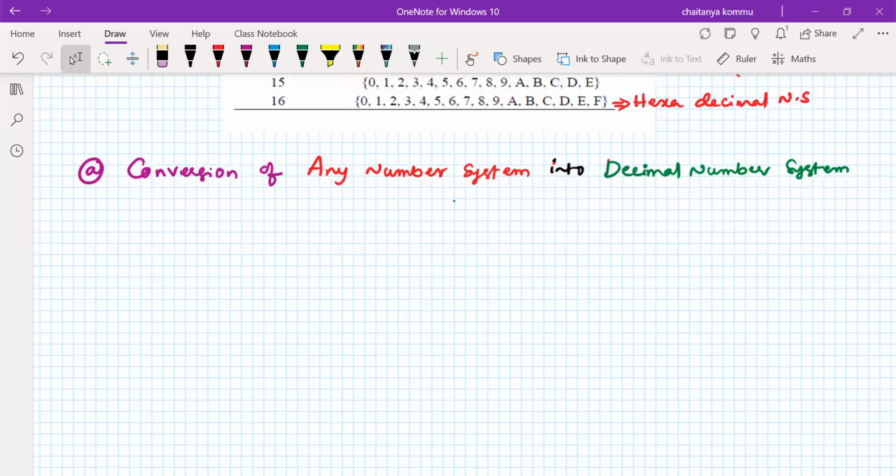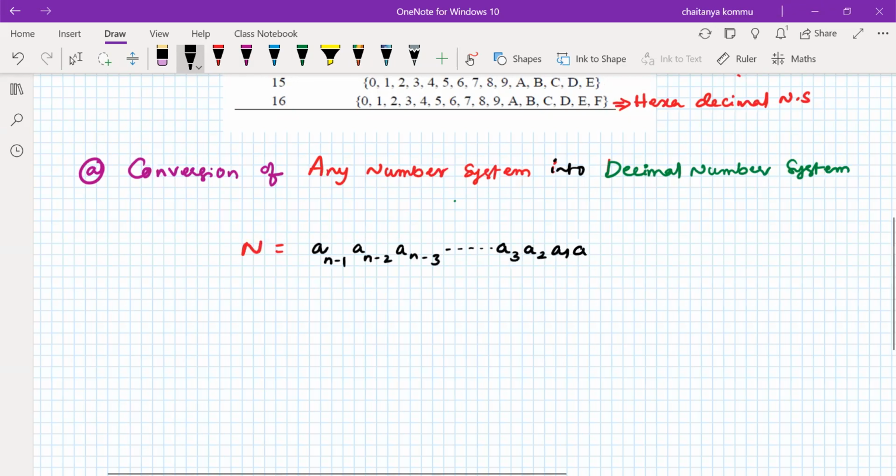Before going to the conversion, let us consider another important point. How do we define a number n? It is defined by, for example, a of n minus 1, a of n minus 2, a of n minus 3, and so on, up to a of 3, a of 2, a of 1, a of naught.